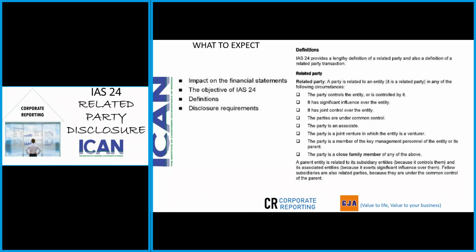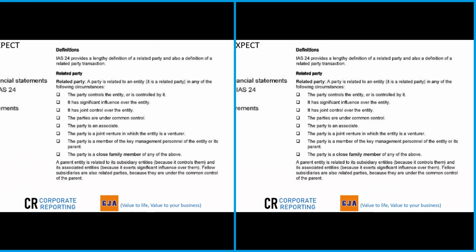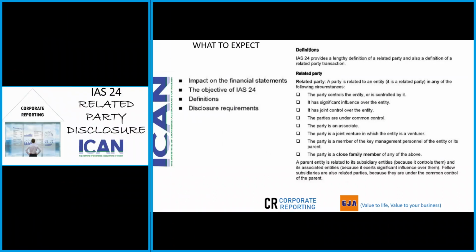When we have a party that controls another entity or has a controlling share, transactions between them will amount to related party transaction. When one has significant influence over another entity, then we are talking about related party transaction there, and we are going to major more on this second point that we just made.